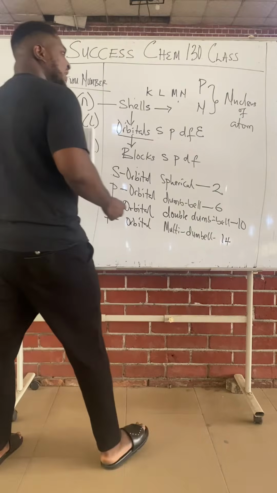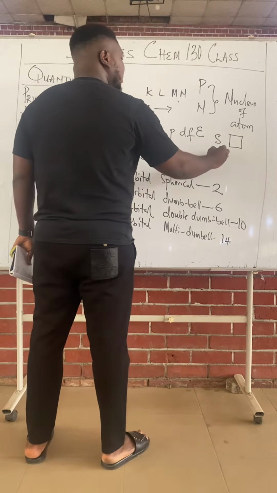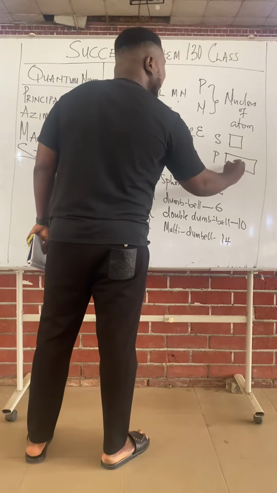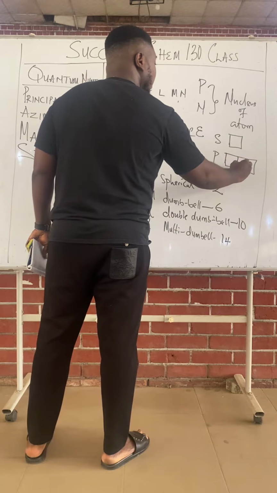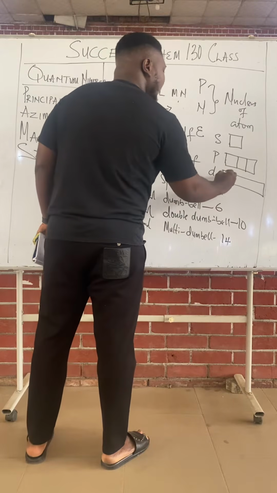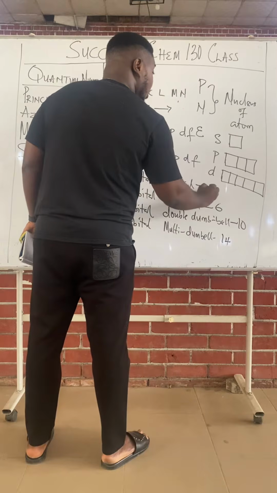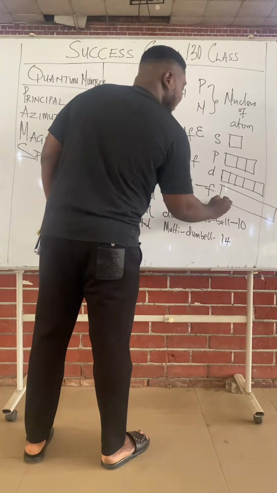In order to fully understand the blocks class, the S block contains only 1 block. The P block contains 3 blocks. The D block contains 5. And the F block contains 7 blocks.